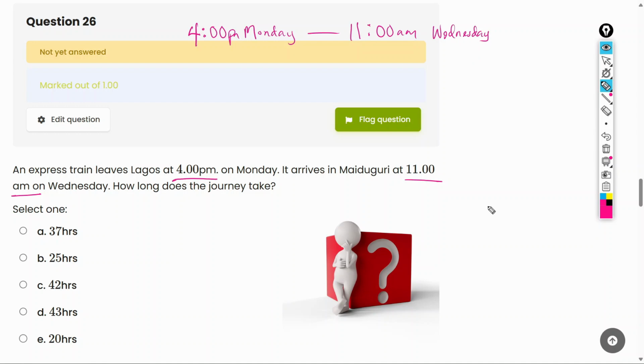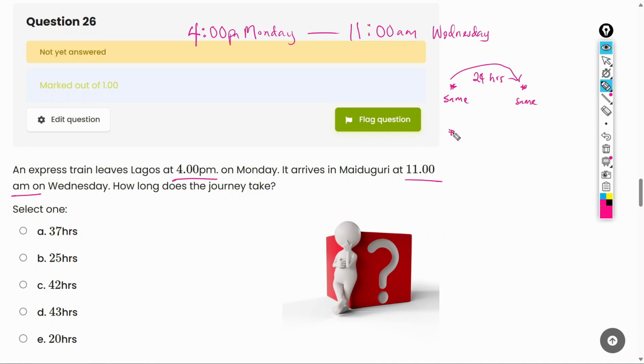Now, to solve problems like this, we need to remind ourselves that from the same time on one day to that same time the next day is 24 hours.